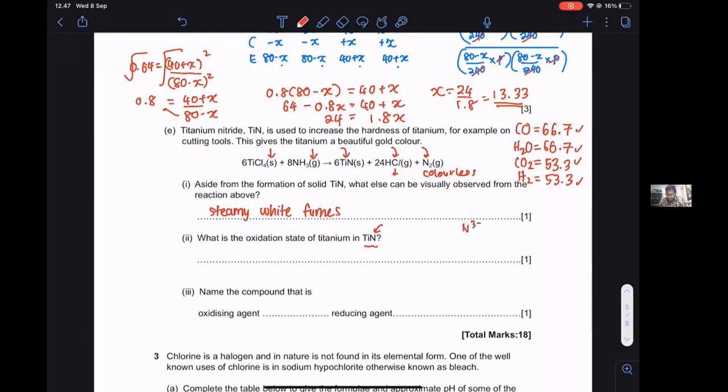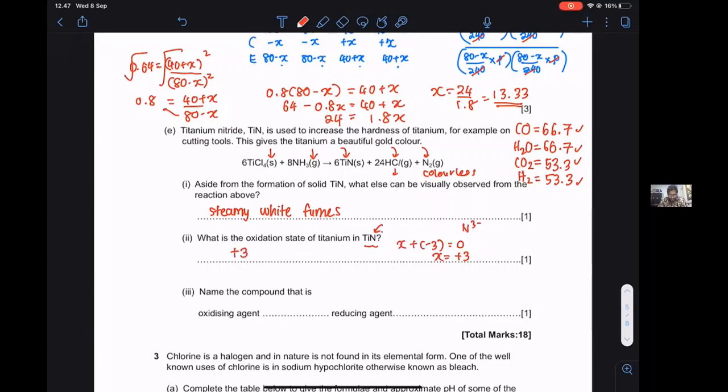So the oxidation state of nitrogen is -3. If I put X plus -3 equals 0, X should be +3. So therefore the oxidation state of that is going to be +3.